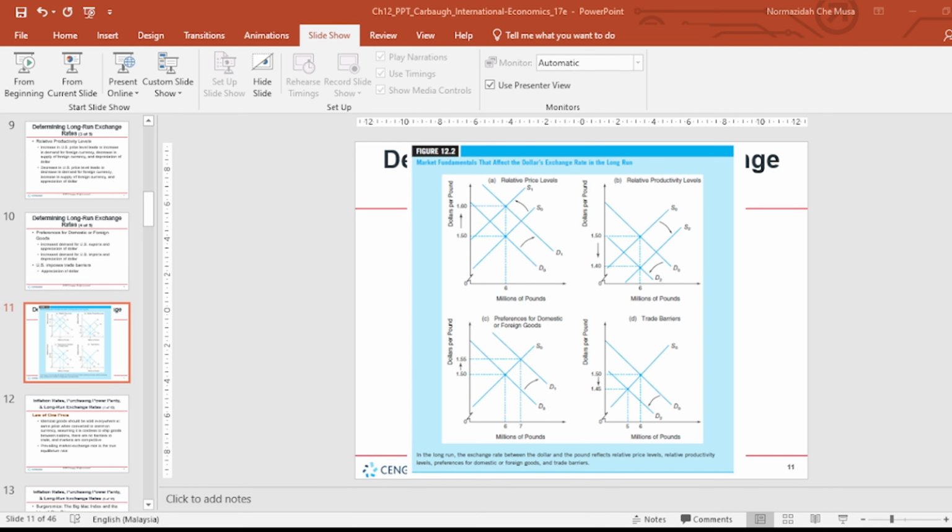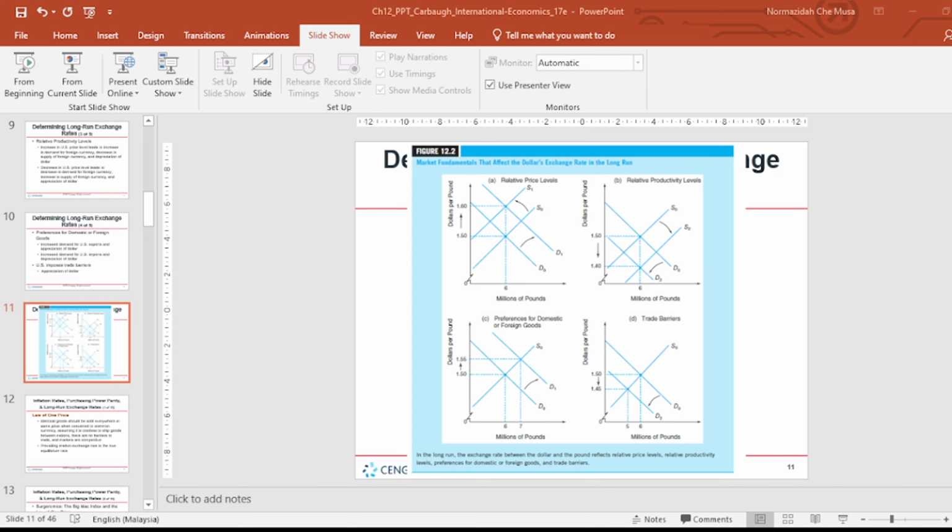So when that happens, people from the UK are buying more products from the United States. So there is going to be less demand. At the same time, Americans will demand less of the pound because there are more exports rather than imports.